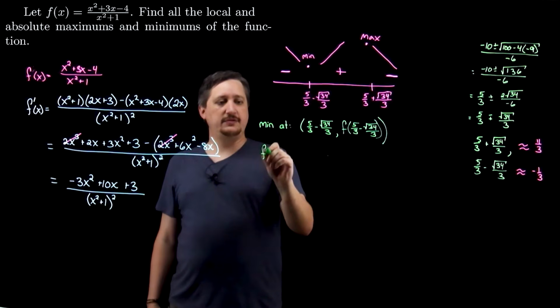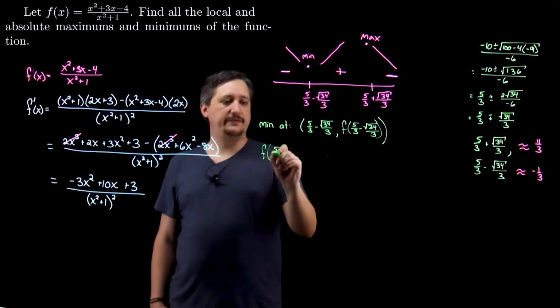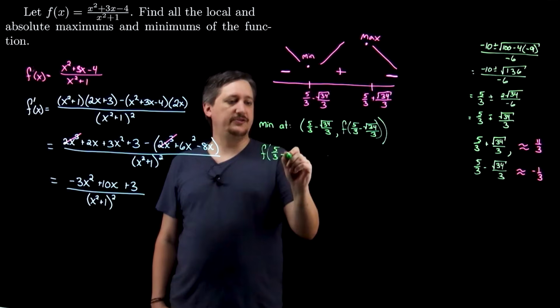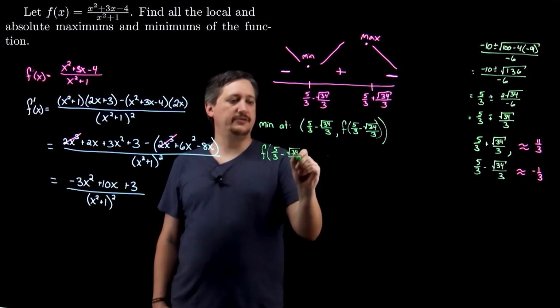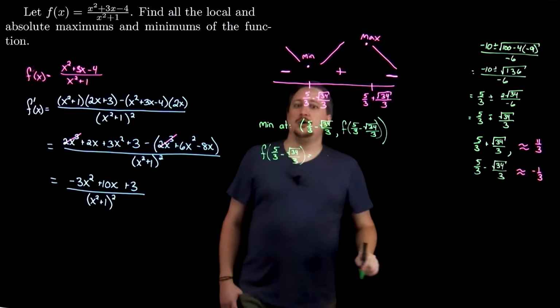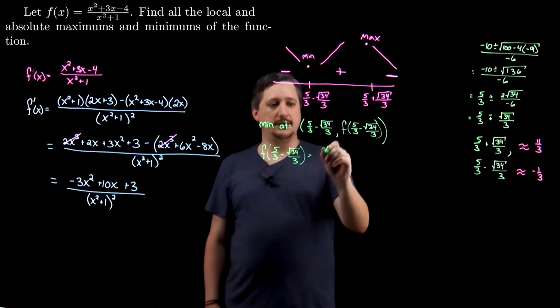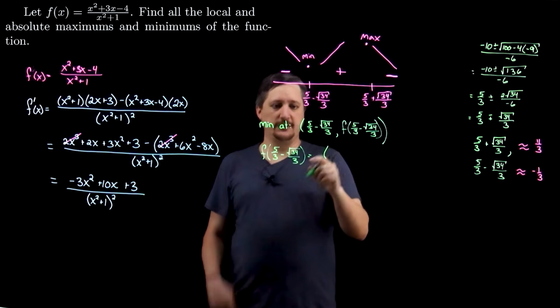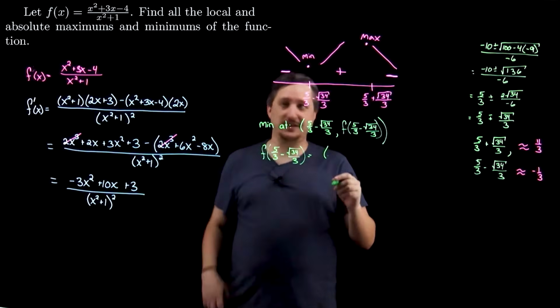So f of 5/3 minus square root of 34/3 equals what? Well, that's going to be unpleasant. So I'm going to put these in one fraction because it's going to make my life a little easier.